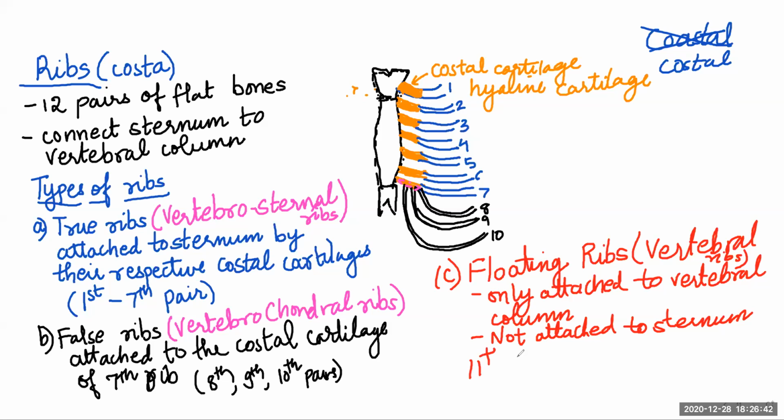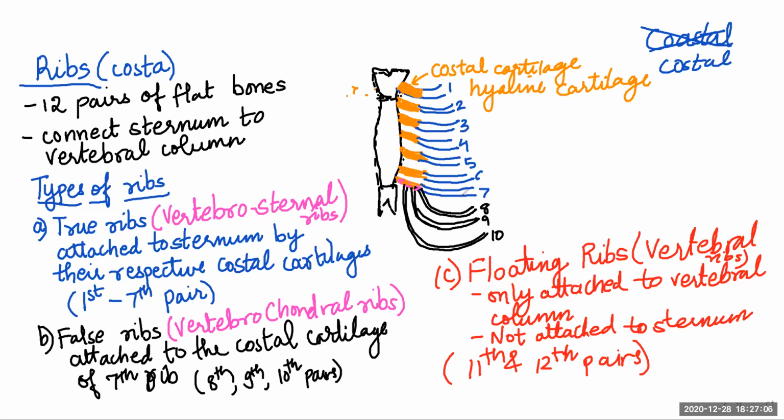And what are the pairs? 11th and 12th. 11th and 12th pair of ribs are floating ribs. So together they will form the thoracic cage. Thoracic cage is formed by ribs, thoracic vertebrae पीछे और sternum आगे.